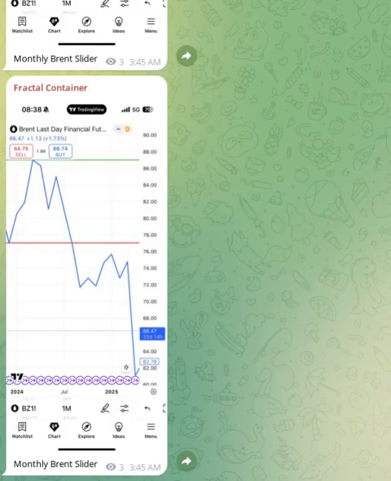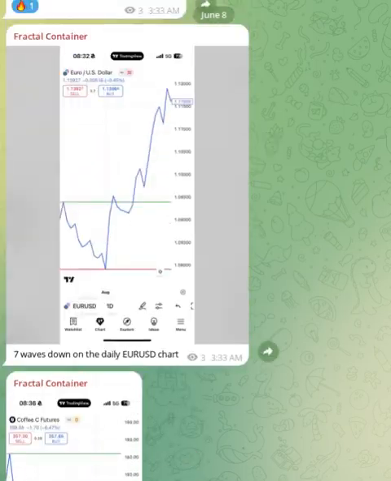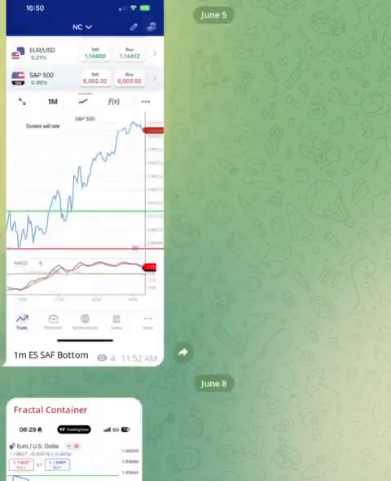All right, so when you get up in the morning, go to your container, find a fractal that you're looking at. Okay, do your setup, and then you have a trade. Okay, we began the Telegram channel on June 8th.